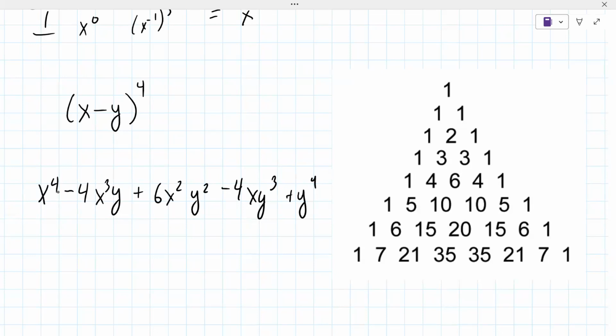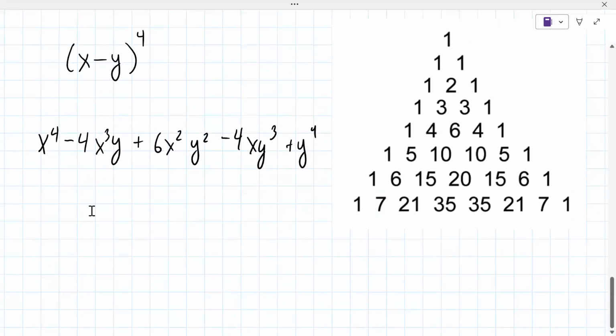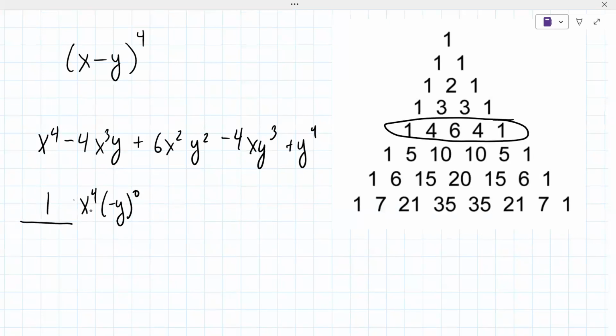I got the x to the fourth and y to the fourth, but for the first one, I got 2x squared y to the fourth. And it should be x to the fourth minus y to the zero. And then the coefficient is one. Wait, I think I made a typo there. I got it now. I fixed it.